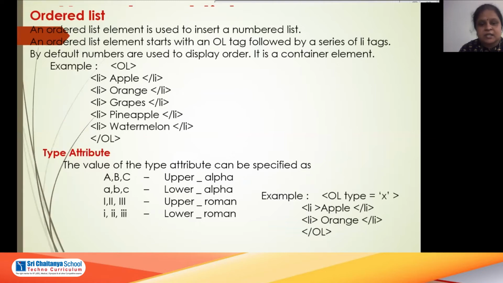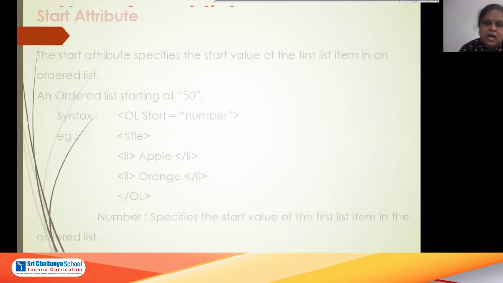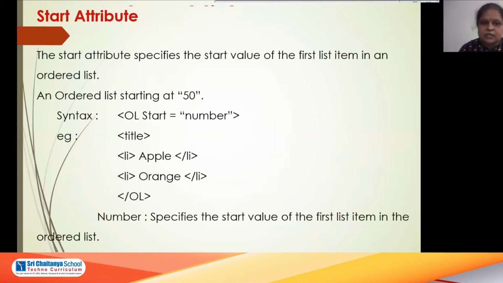You can see in the ordered list you can give uppercase ABCD, lowercase ABCD, Roman numbers, 1 2 3 4, small letters as well as capital letters, and there is an attribute called start. Now I want to start the ordered list from number 50. Whatever we give at the type, it only decides what type of bullet should be displayed.